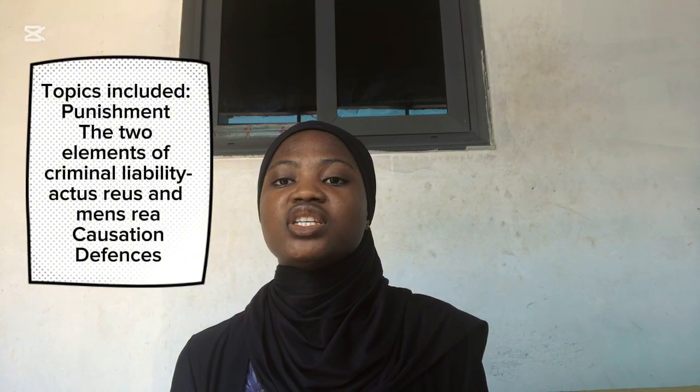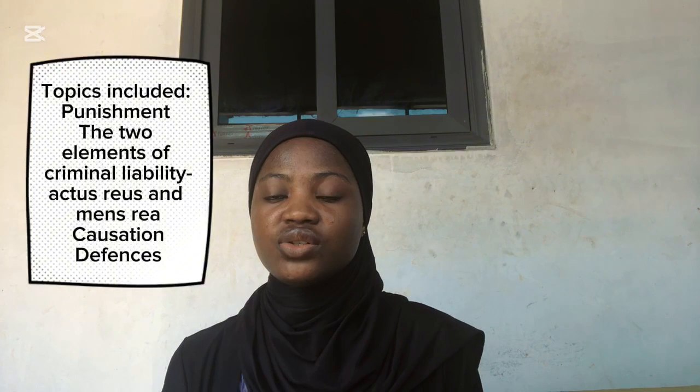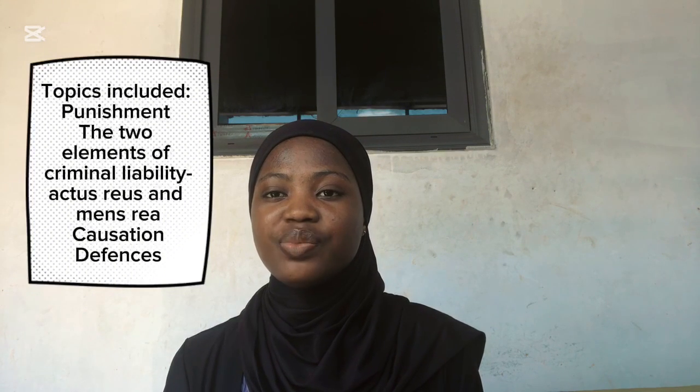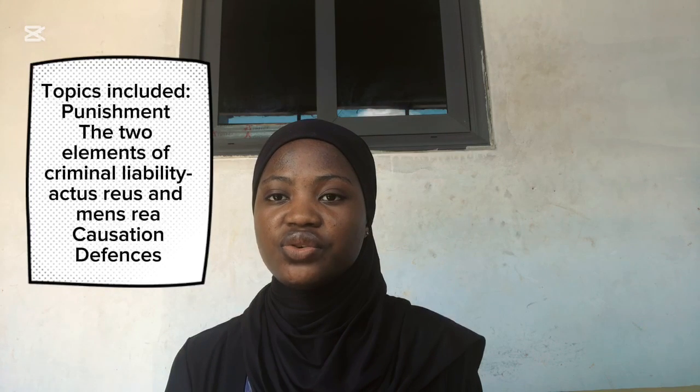So you would look at punishments, you would look at the two elements of criminal liability, which are the actus reus and the mens rea. So in your early weeks of doing criminal law, you should expect to talk a lot about the actus reus and the mens rea, which constitutes a broad part of your discussions in the very first few weeks of doing criminal law.